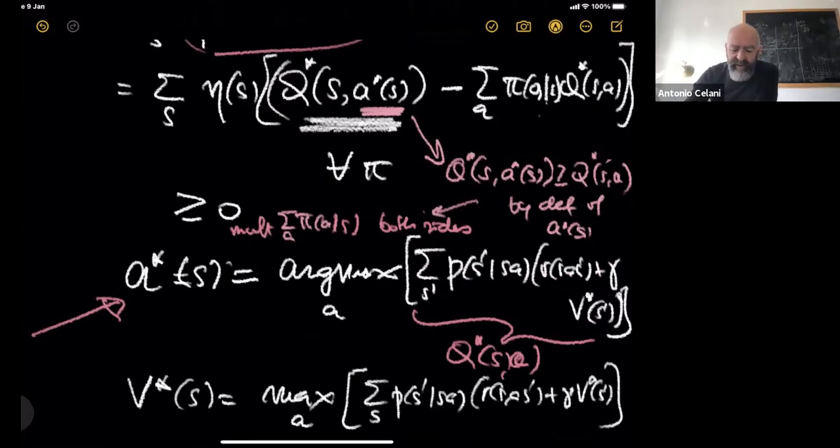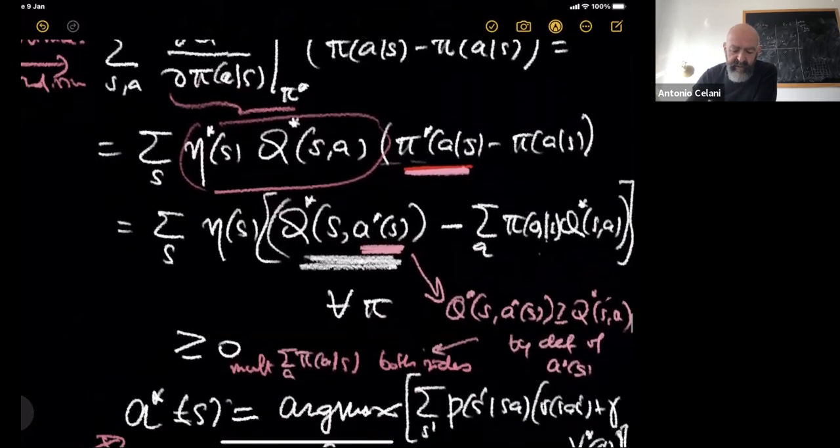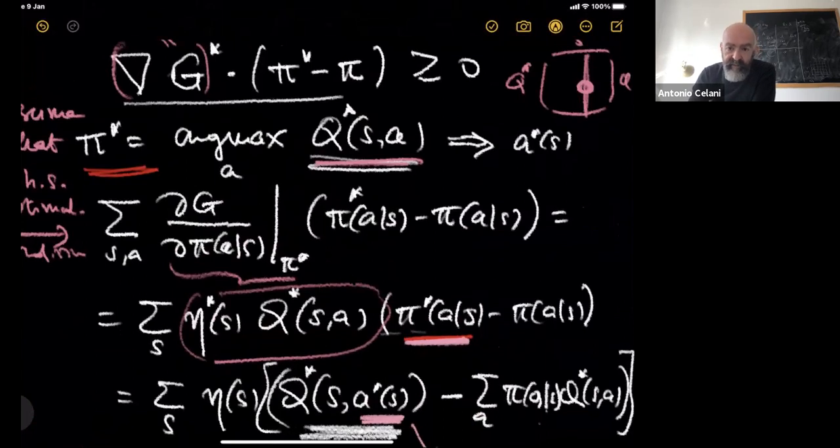So the only thing I'm doing here is showing you that if I choose my policy according to this definition, so if I have my Q star and I pick the action which has the largest Q star for each value of S, then this quantity is optimal because it satisfies the first order optimality condition here. So I'm translating the first order optimality condition into a property of my matrix Q star.